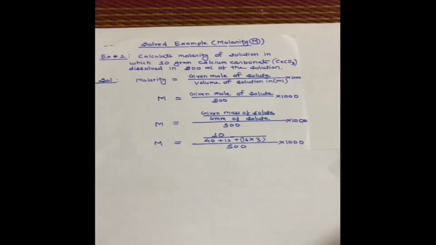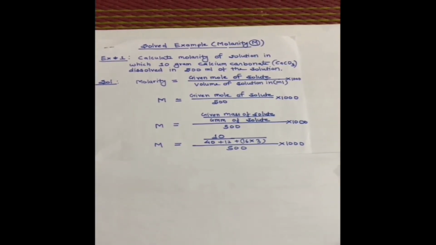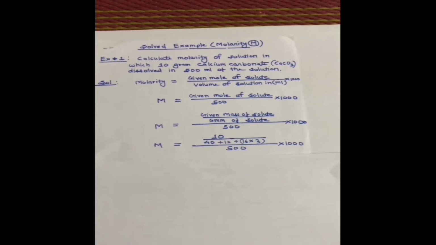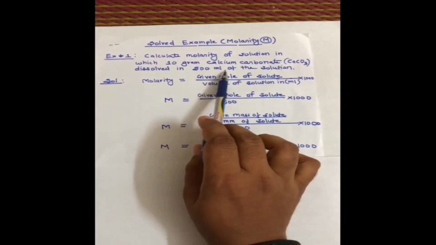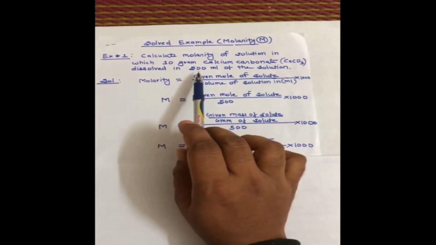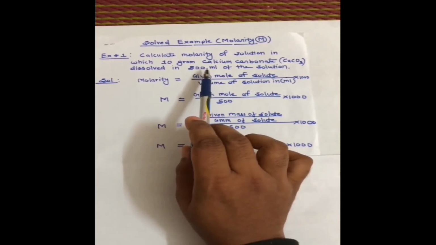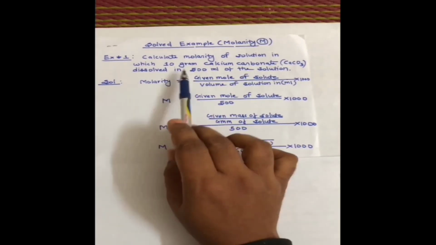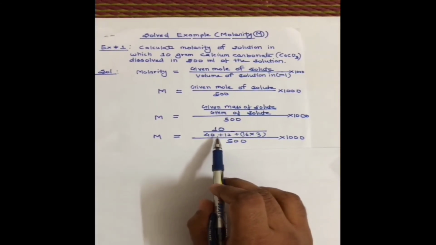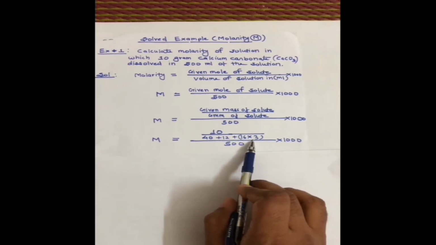Now what about GMM of solute? What is solute? Solute is the one present in lesser amount. Calcium carbonate is 10 gram and solution is 500 ml, so which one is in lesser quantity? Calcium carbonate. That's why we put the molecular mass of calcium carbonate here.